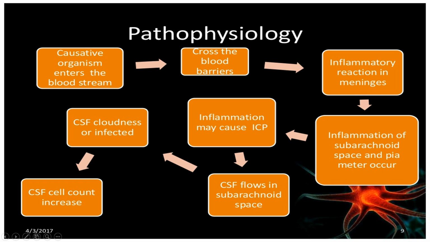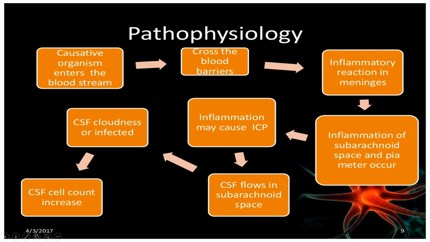Once it does, the CSF becomes infected, and this can manifest as a cloudiness of the fluid. Usually the fluid should be clear, but then it becomes cloudy. And then in response to this, the cells of the CSF usually increase in number to help combat the pathogen.